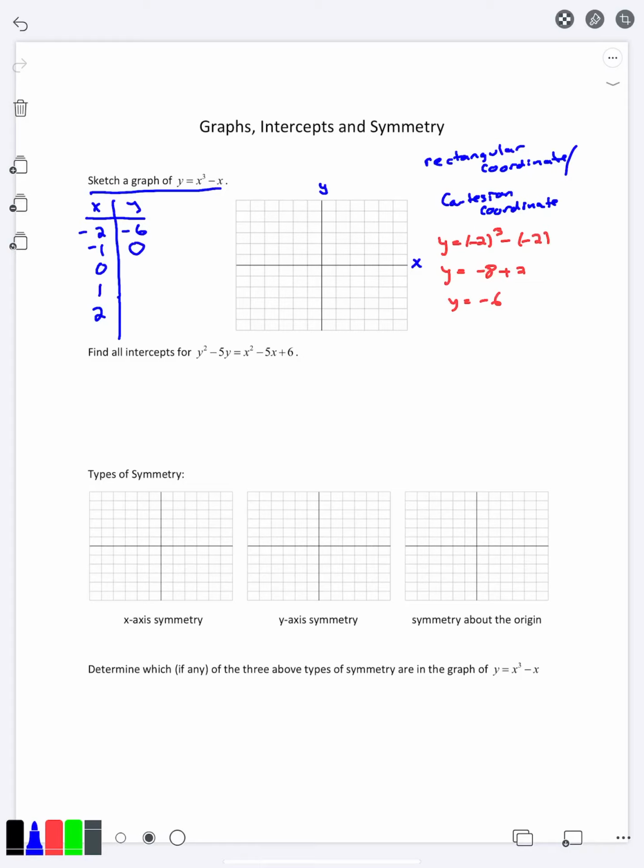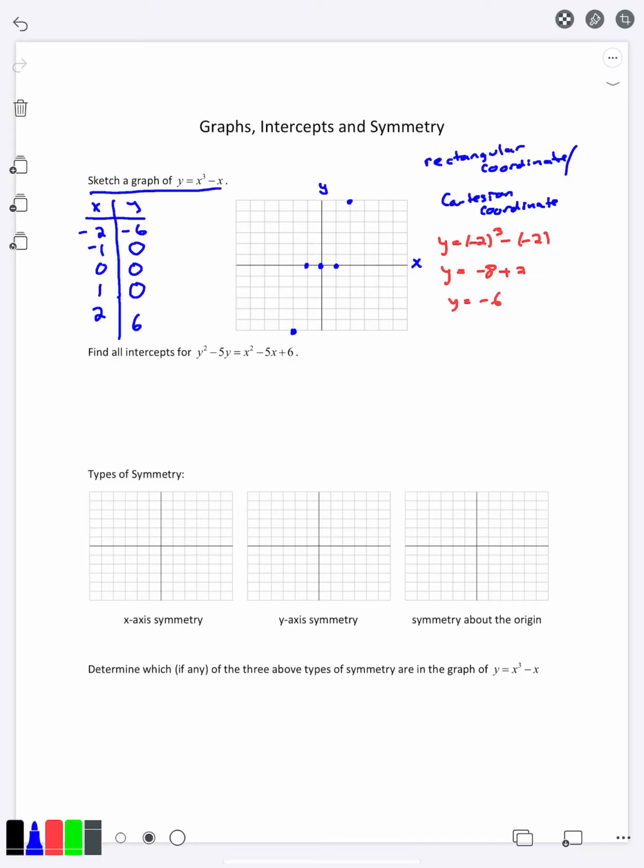Plugging in 0 gives 0 pretty easily. Plugging in 1 also gives 0. And if I plug in 2, I end up getting +6. So right now I have the points (-2, -6), (-1, 0), (0, 0), (1, 0), and (2, 6).